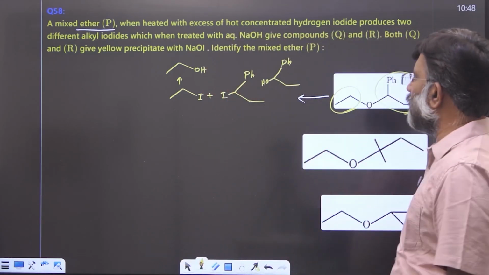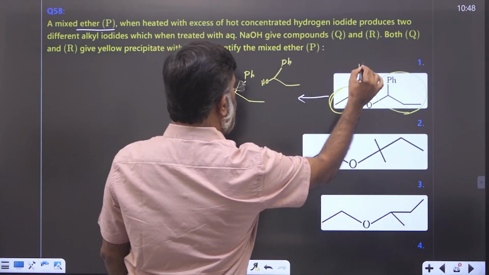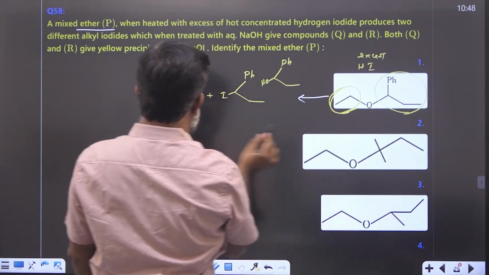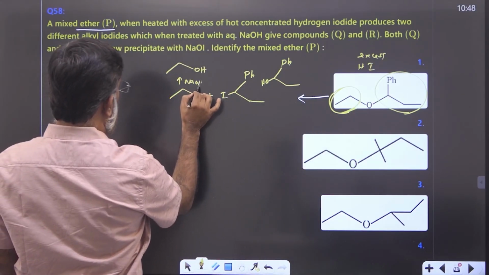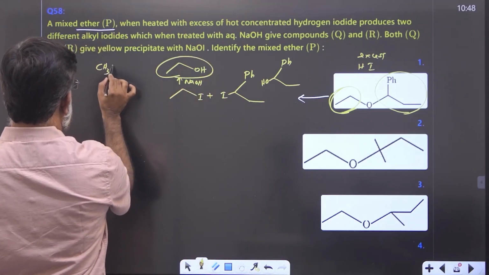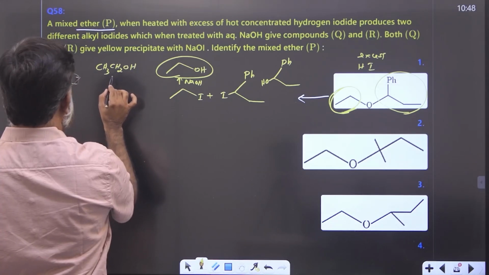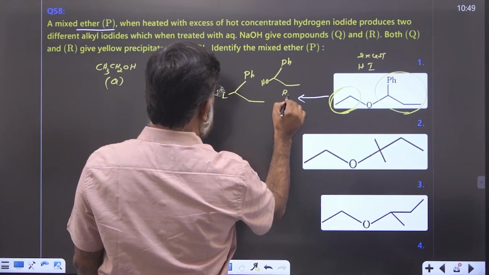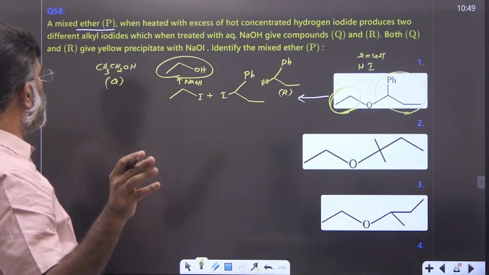So, this part of the molecule, when treated with the HI excess, will become like this, and that with the NaOH you get this. This is ethanol, CH3CH2OH, that is Q and R. Now, both give yellow precipitate with the NaOI.